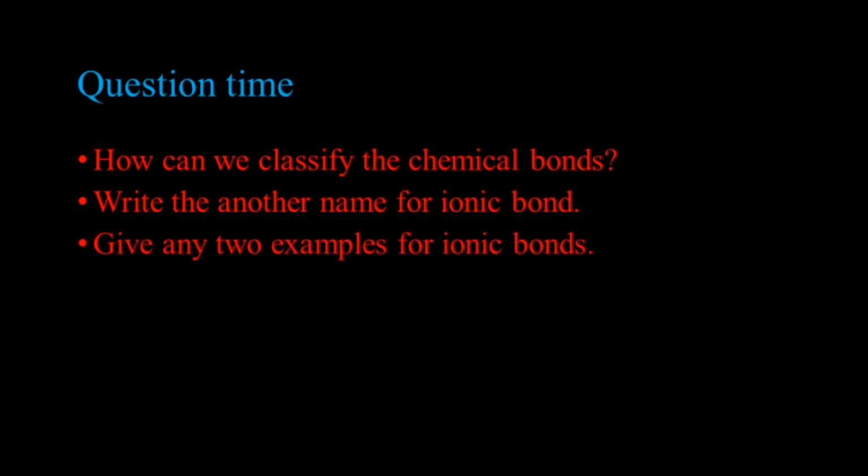Since the valence concept is used to explain the terms of electrons, it is known as the electrovalent bond. And in the ionic bond, the attractive forces are electrostatic, so the bond is called the electrostatic bond. Give 2 examples for ionic bond: formation of magnesium chloride and formation of sodium chloride.